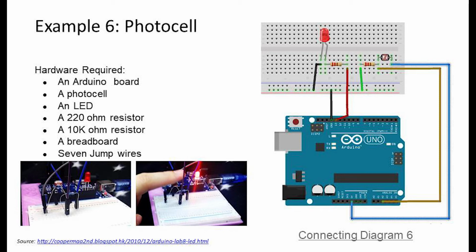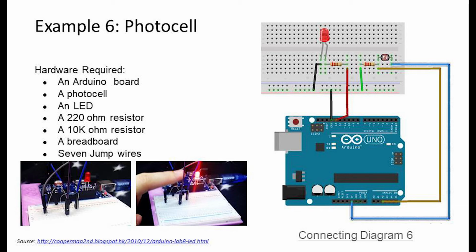Although this setup is similar to example 5, note that because the Arduino board is needed to detect the changes in voltage, the photocell is actually connected to an analog pin, A2, instead of a digital pin.